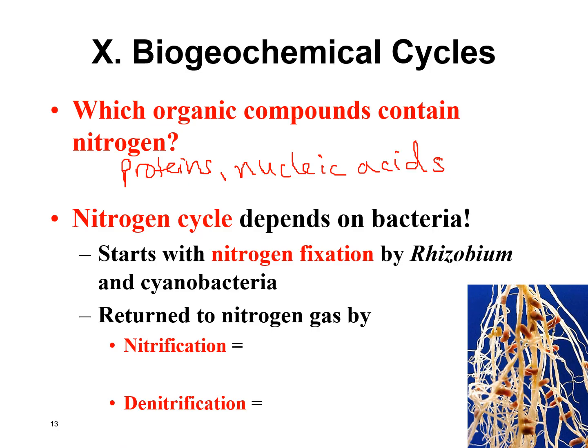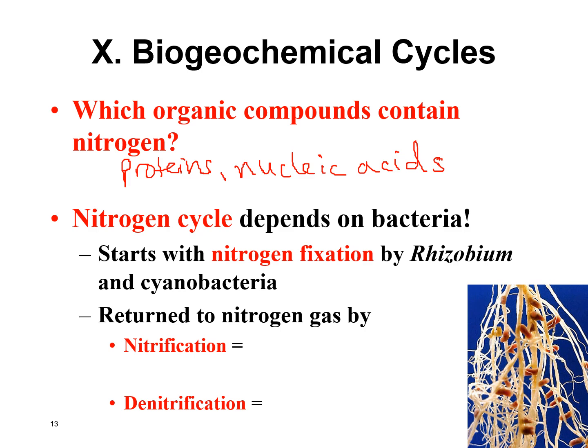It's going to start with nitrogen fixation, which is where we've got some different types of bacteria. We talked about the rhizobium bacteria, which live in the root nodules of the legume plants. And cyanobacteria can also do nitrogen fixation as well.